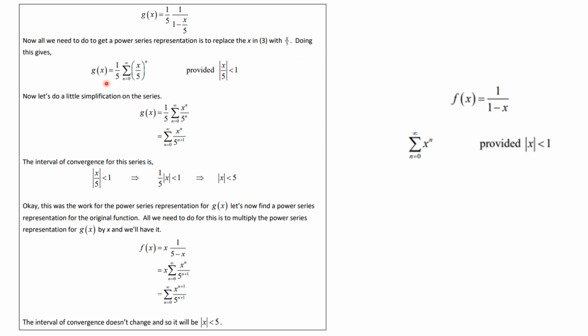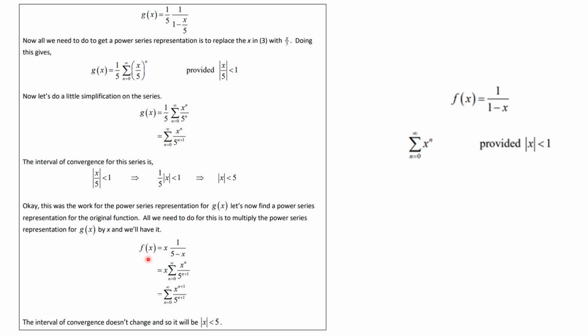So doing this, we put x over 5 in for x, raise that to the nth power, and we have the 1/5 constant out in front. And this is provided that the absolute value of x over 5 is less than 1. That means the interval of convergence is the absolute value of x less than 5. So that is what g of x is.